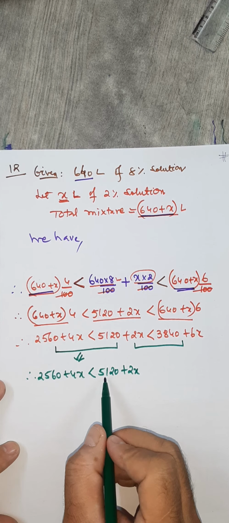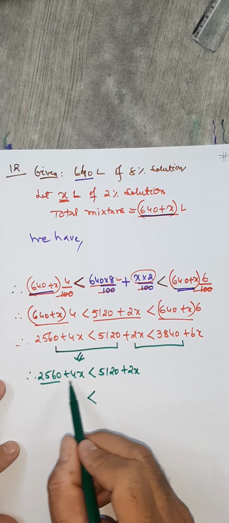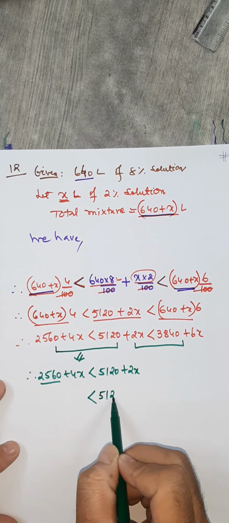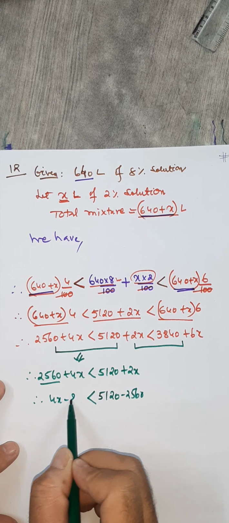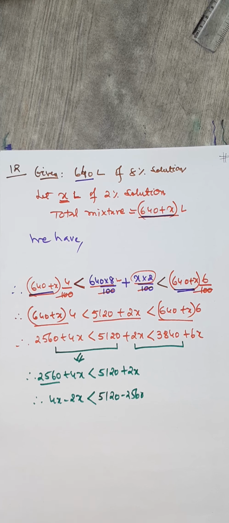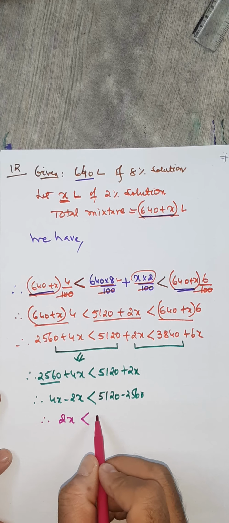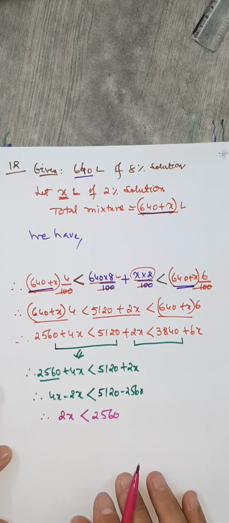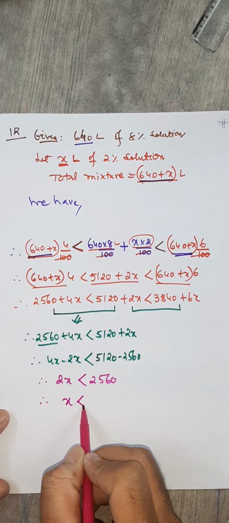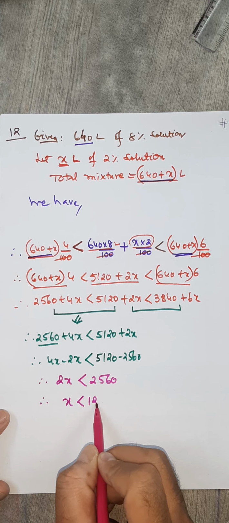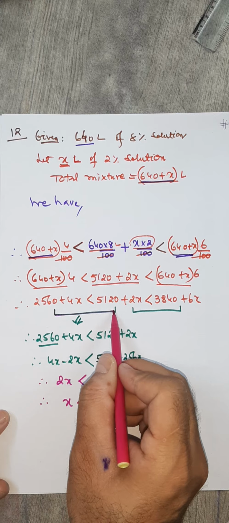Now you take 2560 on that side: 5120 minus 2560, and 2x on this side, so 4x minus 2x. So you will get 2x less than 2560, and dividing by 2, finally you will get 1280. This is the simplification of the left hand side portion.